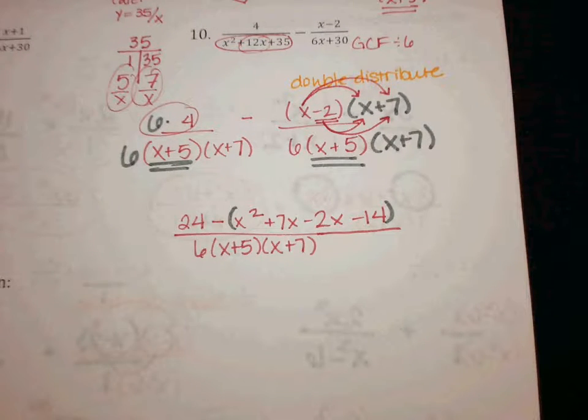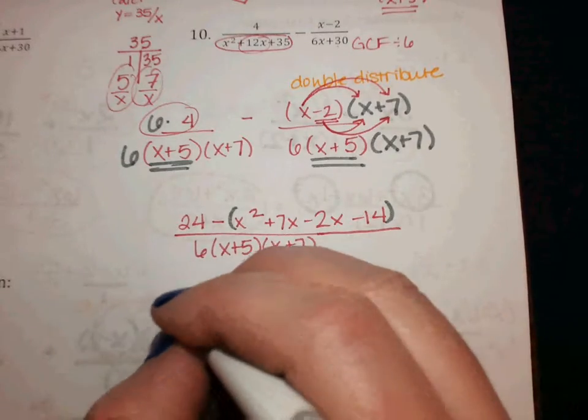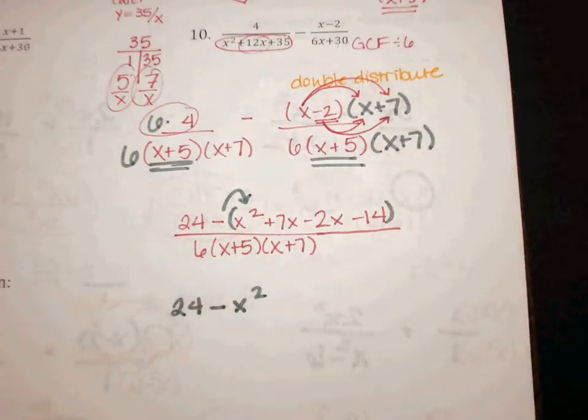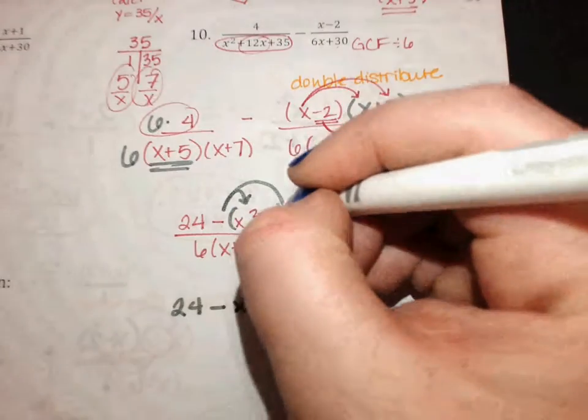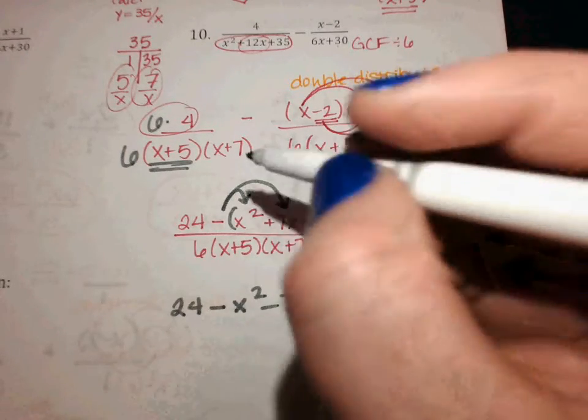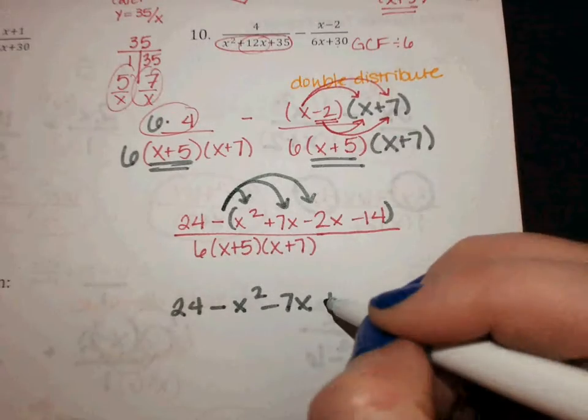Okay? So really, this is 24 minus x squared, then a minus on the 7x. And then what happens to my 2x if it was already negative, but now I'm minusing it? Yep, now it's a plus 2x.